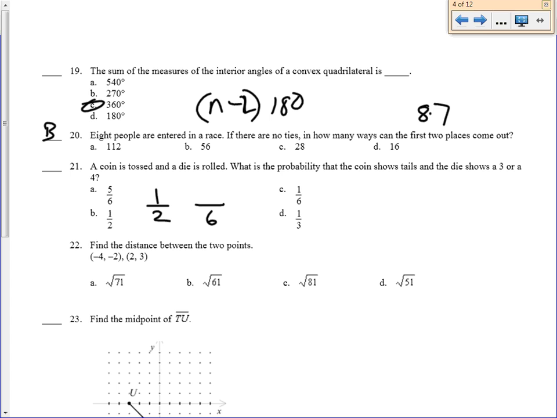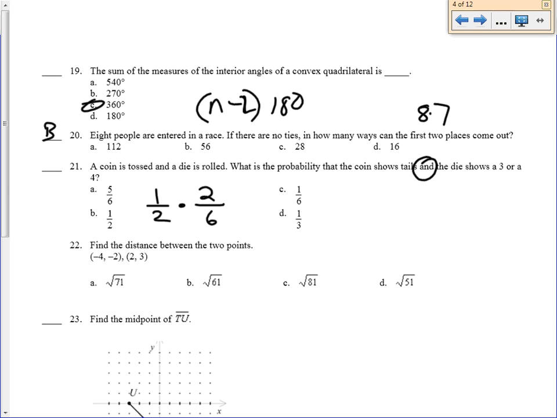The odds, remember odds are different than that. So I really don't like it when you guys say 50-50 because that's odds. That's 1-to-1 odds right there. Okay? And that the die shows a 3 or a 4. How many 3s are there? How many 4s are there? So how can you roll a 3 or a 4? 2 out of 6. And this says that the coin shows tails, and that, and right there, multiply.